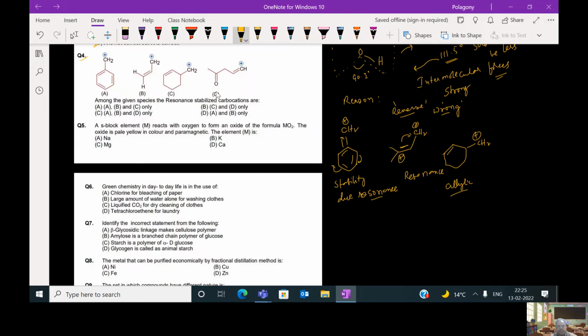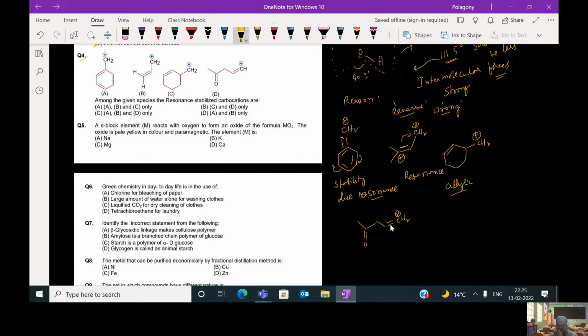And one more here, we can see a ketone functional group and a double bond CH2.